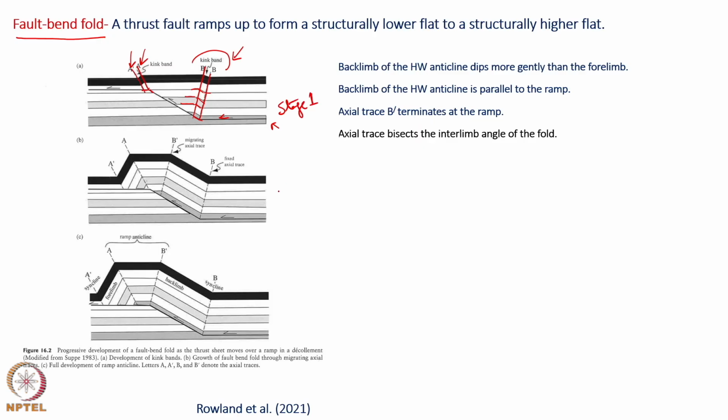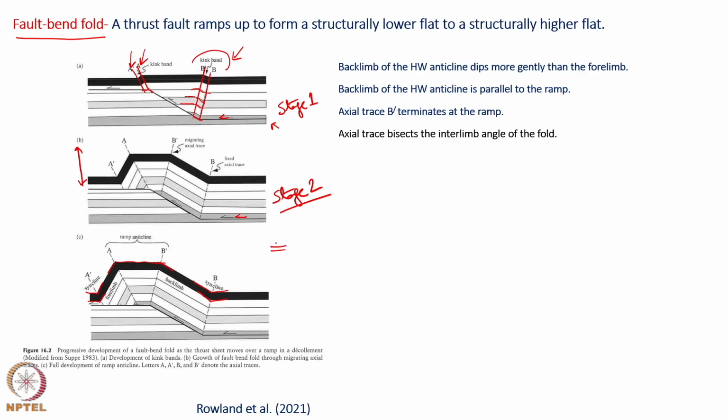In the next stage, or after some time instant, stage 2, where more movement has taken place along this fault, we find the kink fold is more profoundly developed within the hanging wall block. A few terms can be defined. This part is a syncline, so also this part, and this portion can be called an anticline.